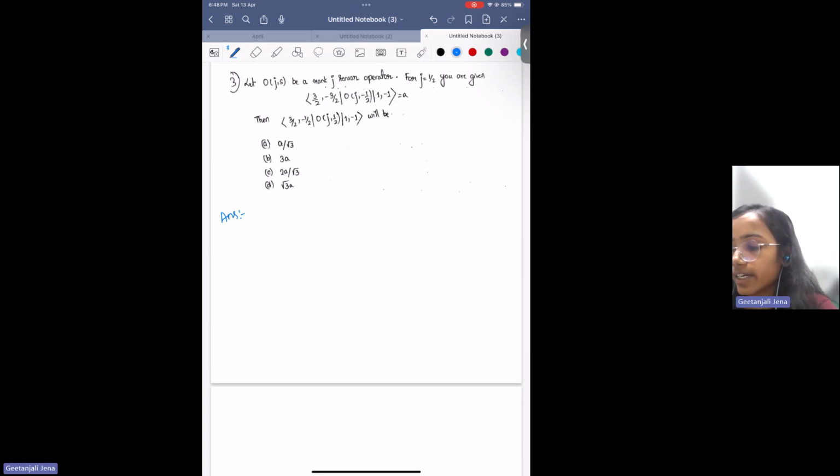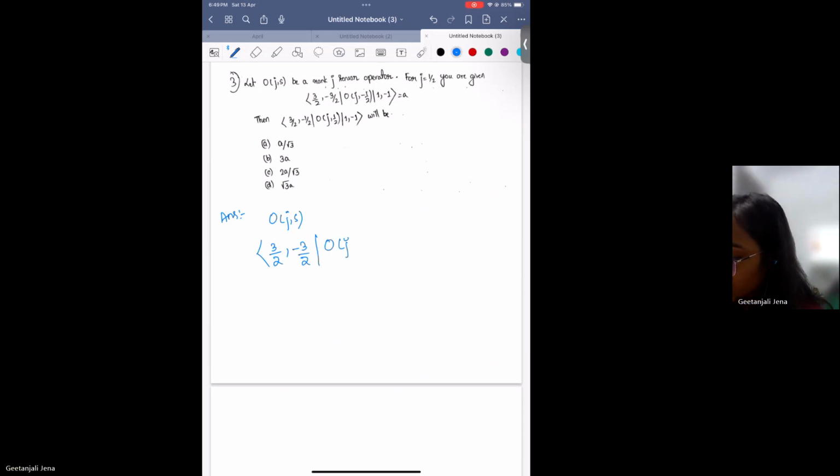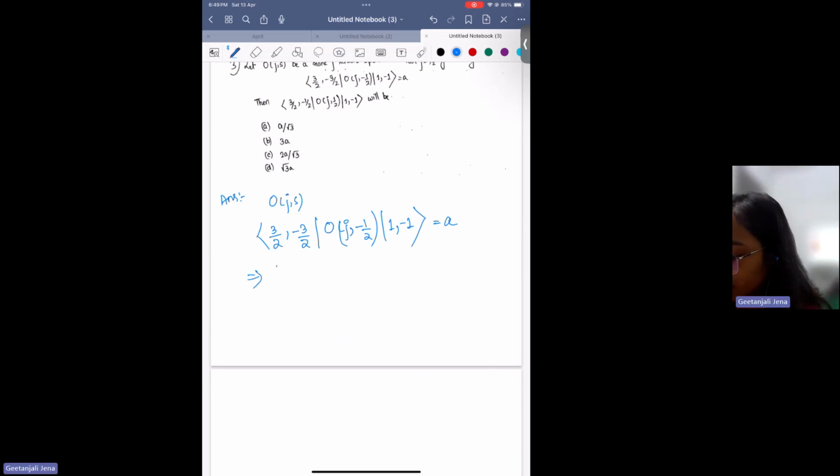The question says, let O J S be a rank J tensor operator, and for J equal to half, you are given 3 by 2, minus 3 by 2, O J minus half, 1 minus 1 is A. So this is given to you. Here J is half, so it will be 3 by 2 minus 3 by 2, O half minus half, 1 minus 1 would be A.